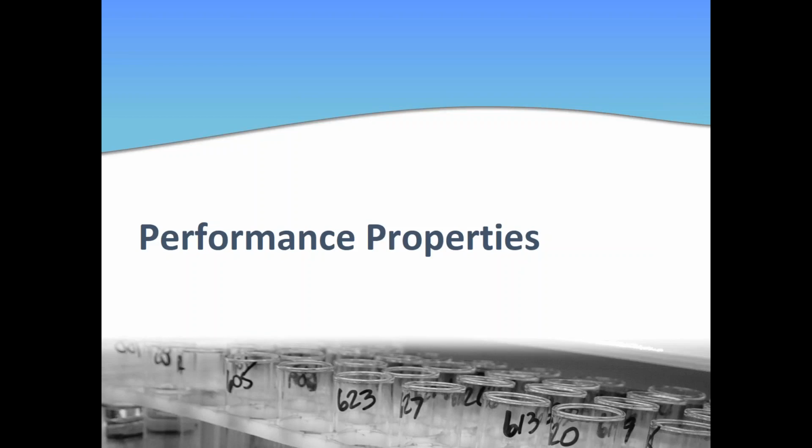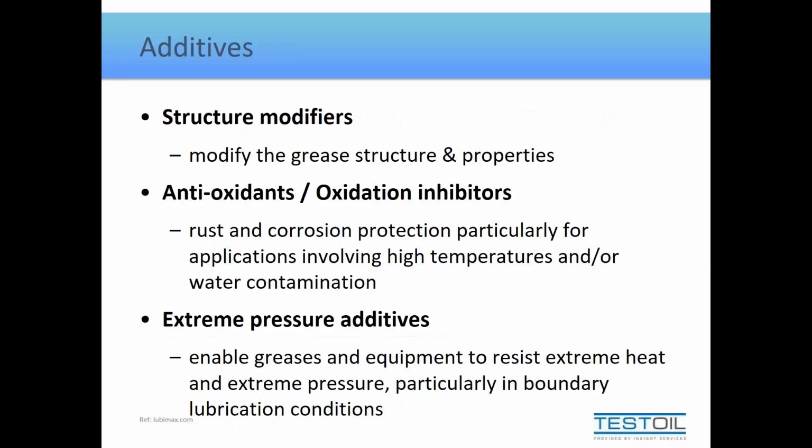Now, performance properties are driven at this point by the additives as well. So different additives can be put into the grease to impart or enhance some of these properties. So giving you a quick rundown of the properties and types of additives that we're looking to modify, we've got a couple slides here. So first off, we've got structure modifiers. This helps change the structure of the grease.